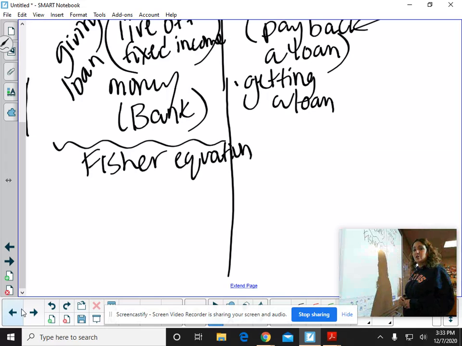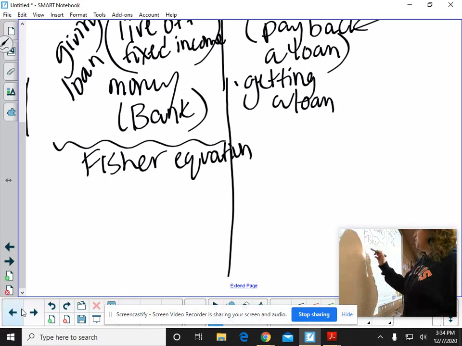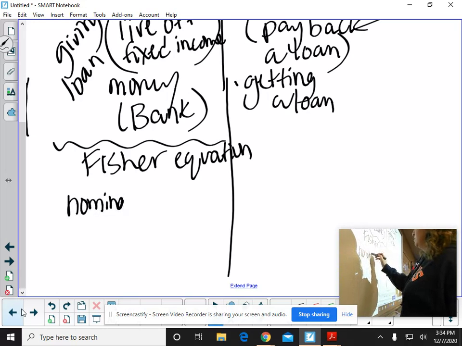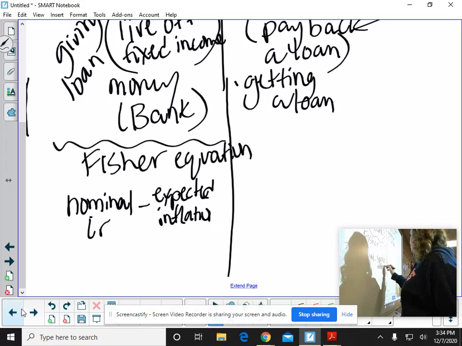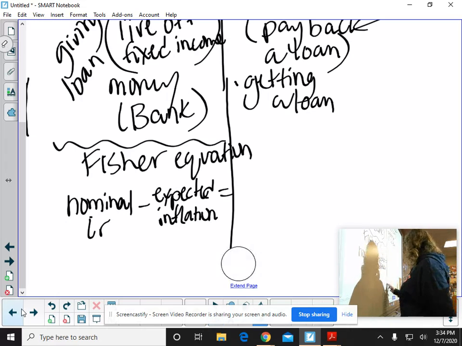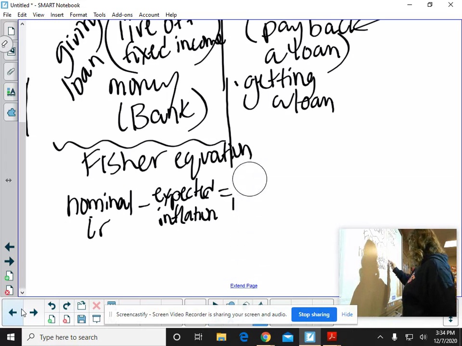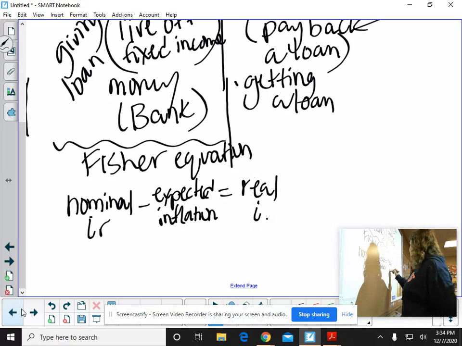We'll write this again on our equation sheet, but I do want to put this here, so this is how banks prevent themselves from being in that hurt column when it comes to inflation. Let's do nominal interest rate minus expected inflation is equal to, I know I ran out of room, real interest rate.